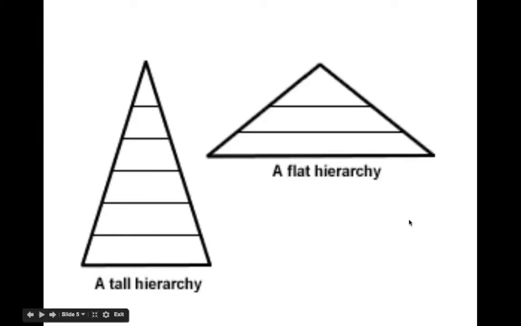Now here we see a tall hierarchy and a flat one. These are different types of organizational structure. A tall hierarchy, which is this one, is used when there are many levels of authority. That's why you can see 1, 2, 3 more than here. As I explained in the slide before, the levels of authority go vertically.